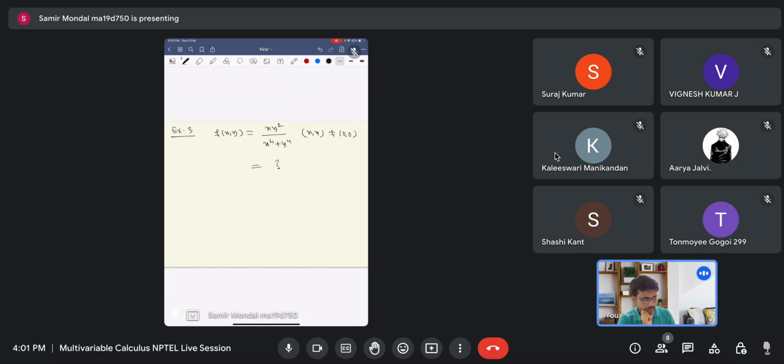Okay, so my question is: does the limit exist at the point 0 0 or not? At first check whether the limit exists or not. Then if someone goes for continuity, that time we have to define the value of the function at the point 0 0. Right now we don't know whether the limit exists at the point 0 0, so at first you have to think about that.